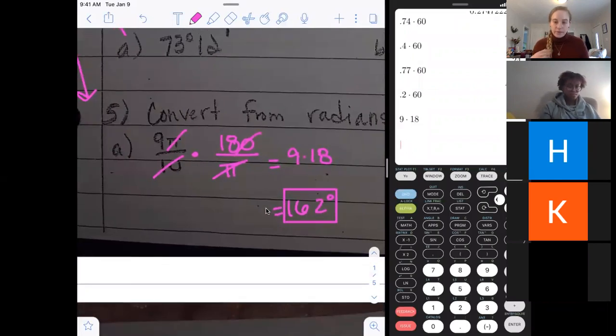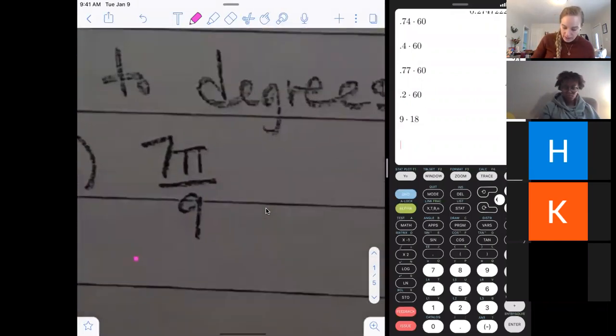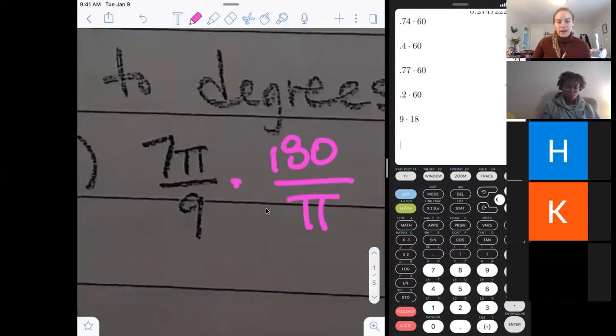Same thing for the next one. If you're feeling good, try it on your own. If not, wait a second for me. Seven pi over 9. Or sorry, I'm going to multiply by 180 over pi. I can't simplify 7 pi over 9, but I can simplify here.